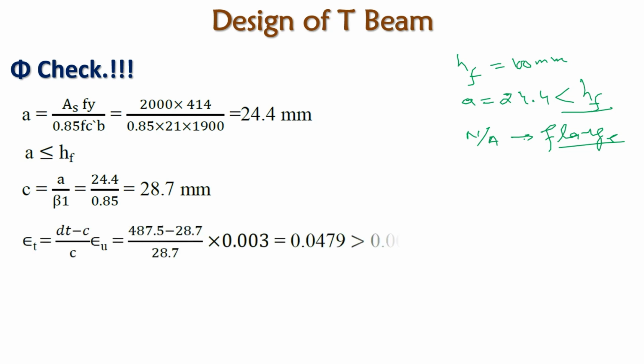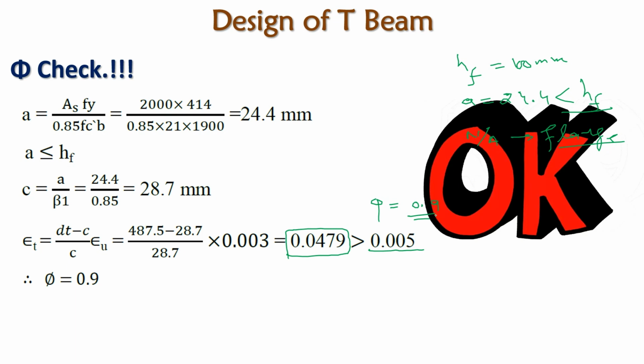After calculation of c, we will calculate the tensile strain in the steel, and this will be equal to 0.0479. As this value is greater than 0.005, it means that our provided phi equal to 0.9 is okay. Our fourth check is also okay.